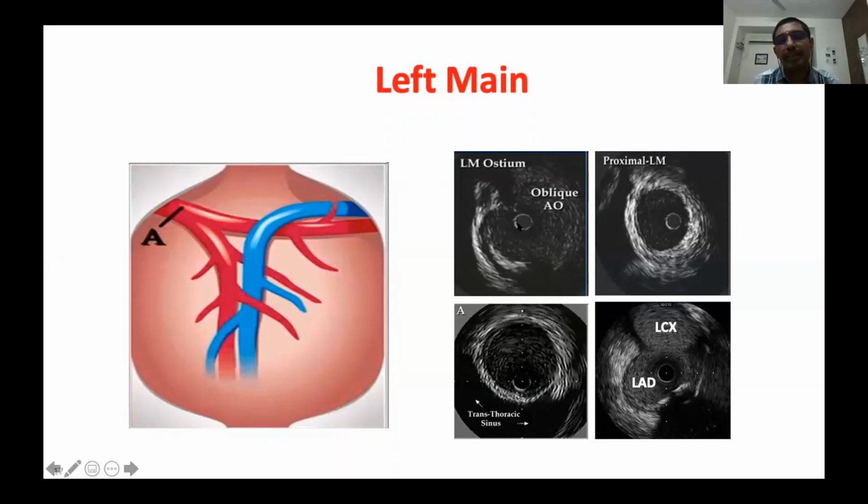So what are the various landmarks? At the ostium, you can see the aorta in its view. This is your aorta, that marks your left main ostium.